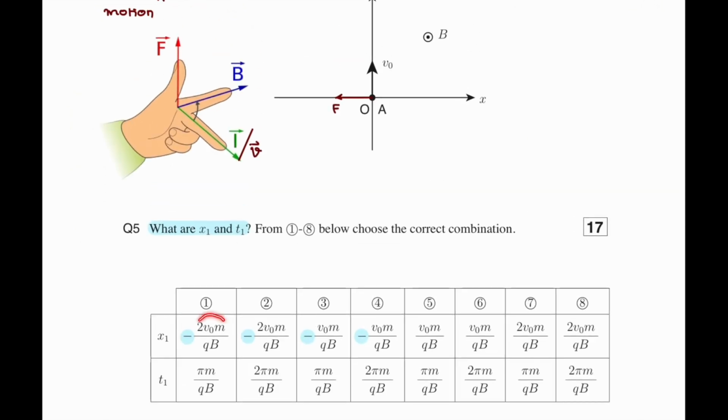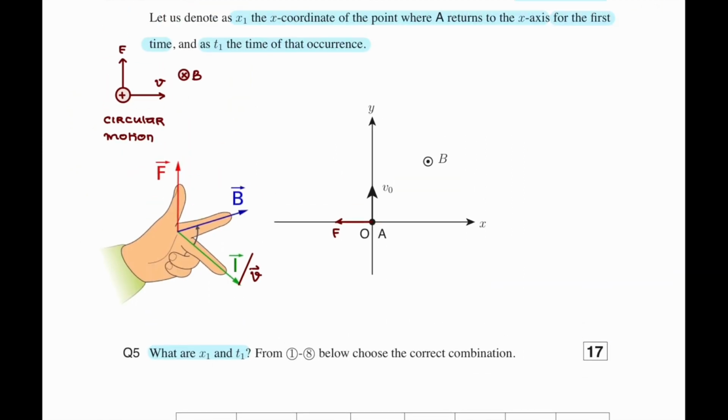To find the magnitude of x, we can use the formula of circular motion. Since the charged particle is moving in circular motion, as you know, in circular motion we have a centripetal force equal to mv squared over r. m is the mass of the object, v is the speed of the object, r is the radius, and Fc is the centripetal force.